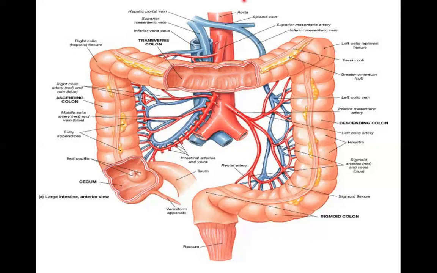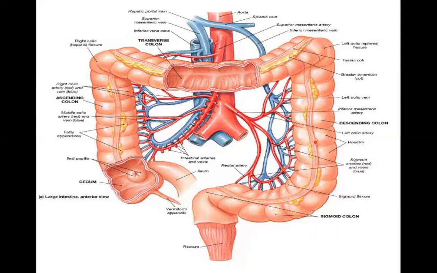While the hindgut region, the left 1/3 of the transverse colon with the left colic flexure, descending colon, sigmoid, rectum and part of the anal canal, is supplied by sympathetic fibers reaching up to L2 from the superior hypogastric plexus, and the parasympathetic is from the pelvic splanchnic nerves, S2, 3, 4, which we call nervi erigentes. Okay, so this is important.